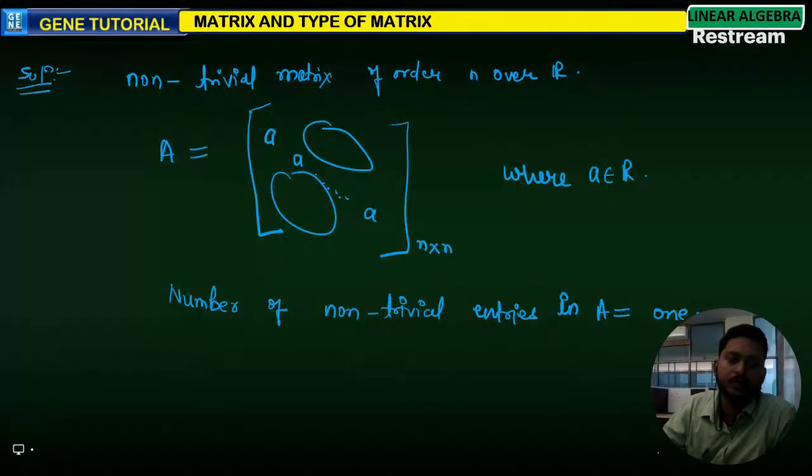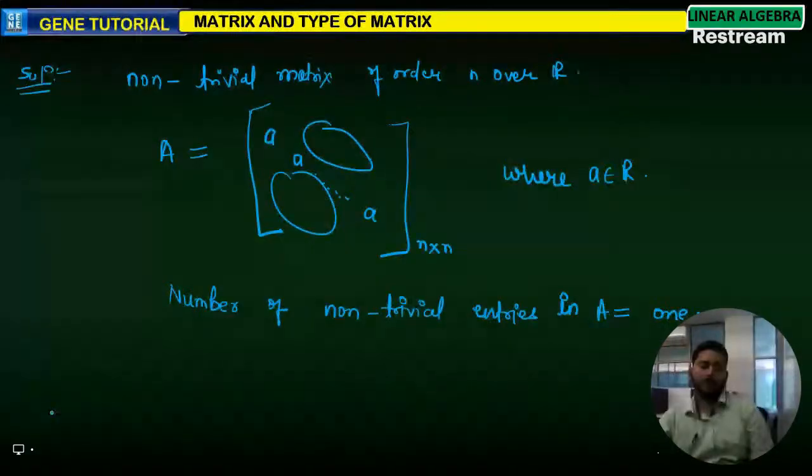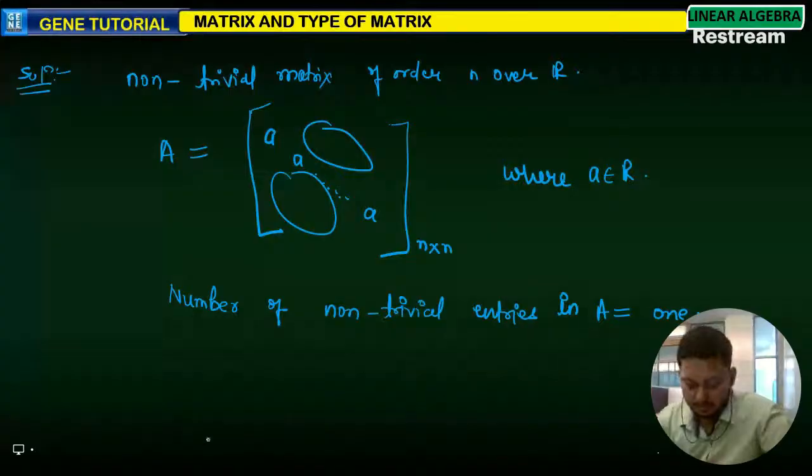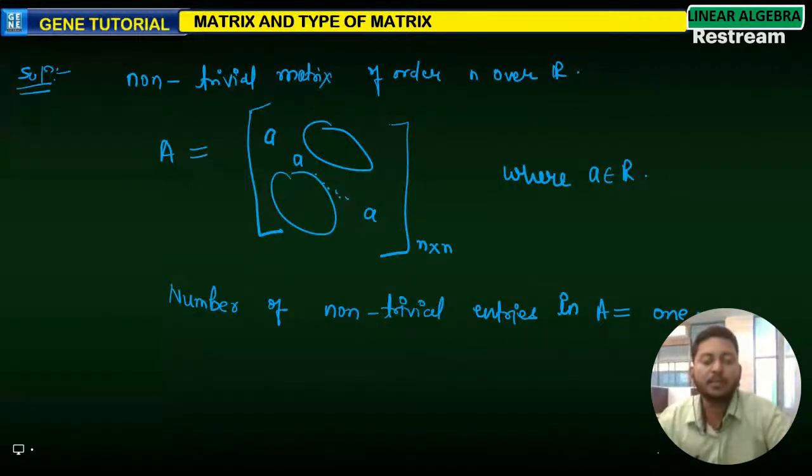Matrix n cross n. Now come to the next problem, the diagonal matrix of order n. We ask the question about any matrix of order n that commutes with every diagonal matrix of order n. When we commute, it shows the properties of a scalar matrix.